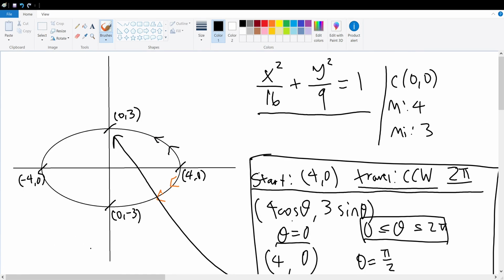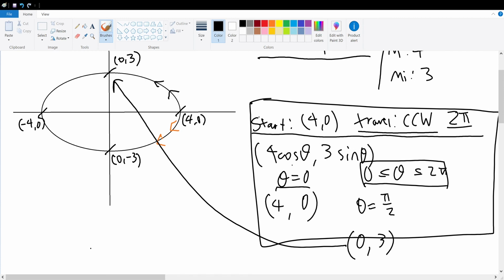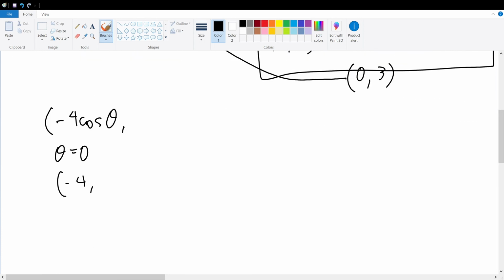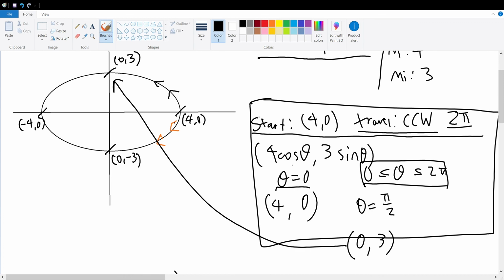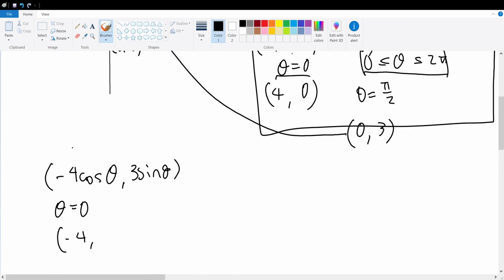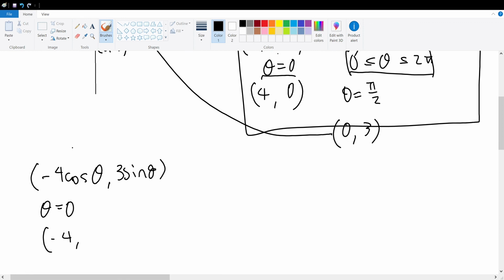Now we must determine what happens to the coefficient of 3. Remember, with 3 sine of theta and this restriction on the parameter, it will likewise travel in a counterclockwise motion, so I want to remain that way. When theta is equal to pi over 2, we apply angles for which we know special values, so we can find exact values to give us a sense of direction. When theta is equal to 0, it starts at negative 4, 0.